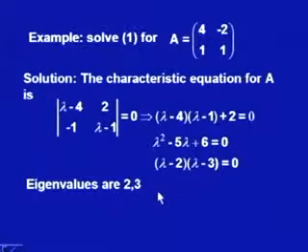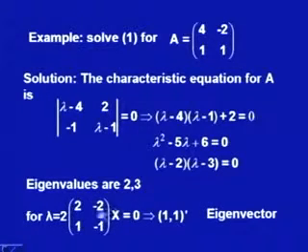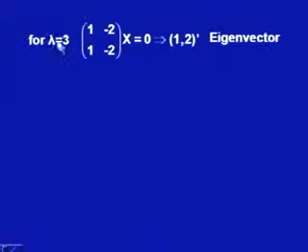as 2 and 3. And from here, for lambda equal to 2, we calculate the eigenvector by solving this equation: (A minus 2I) x equal to 0, and one can easily see that one row can be transformed to 0, and the eigenvector will be (1, 1) transpose. For lambda equal to 3, we have to solve this system, (A minus 3I) x equal to 0.